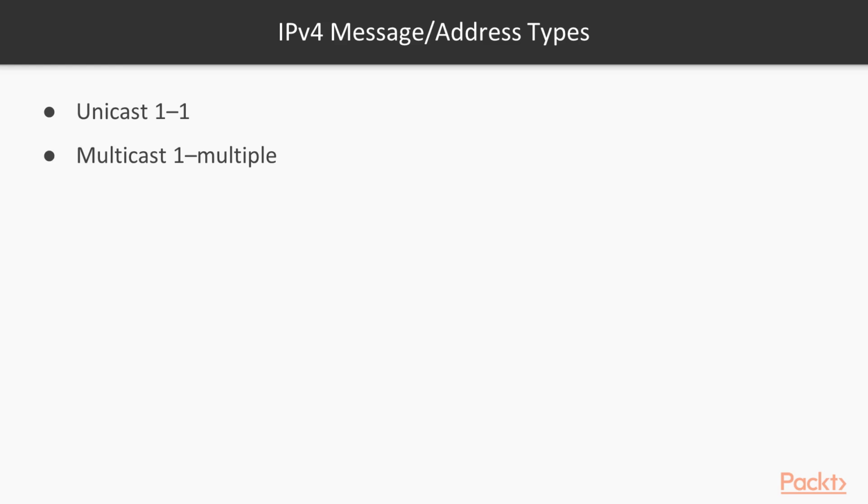Multicast messages go from one host to multiple hosts, and we use multicast addresses for this sending. And finally, broadcast messages. Broadcast messages go from one host to all hosts. Which hosts? All the hosts that reside in the same broadcast domain.